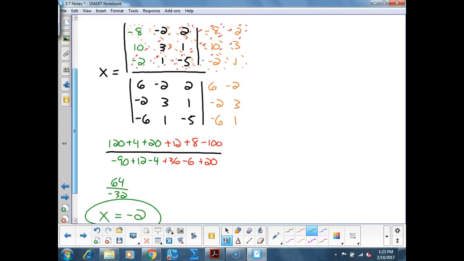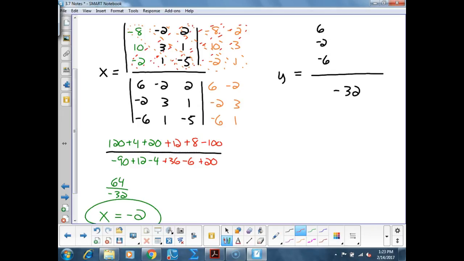Okay. Now we got to do it for y's. Bottom is going to be negative 32. My top, 6, negative 2, negative 6 is there.